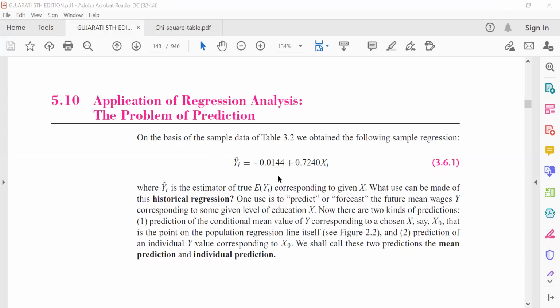This one is the estimated value. We get applications of regression to the problem of predictions.